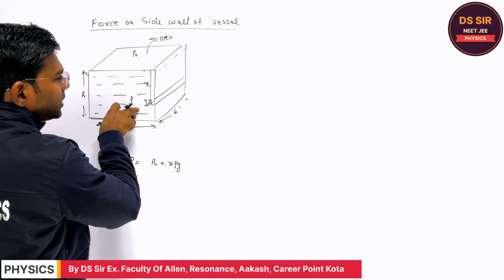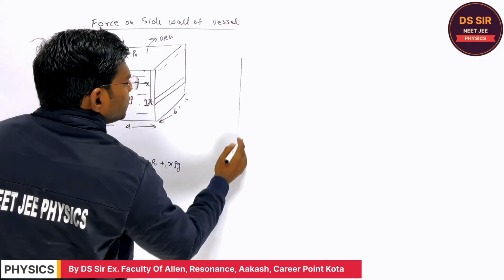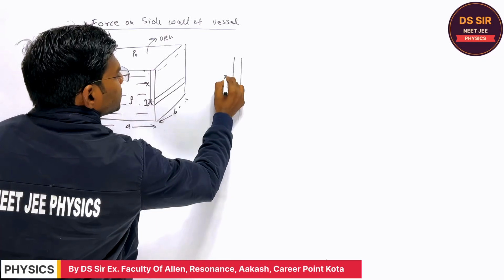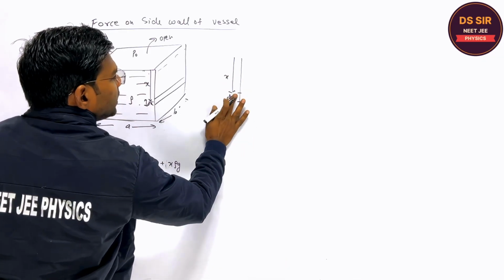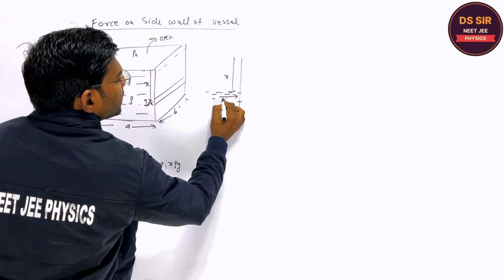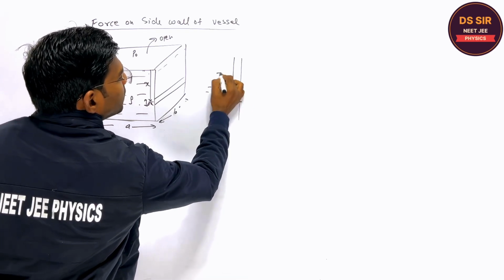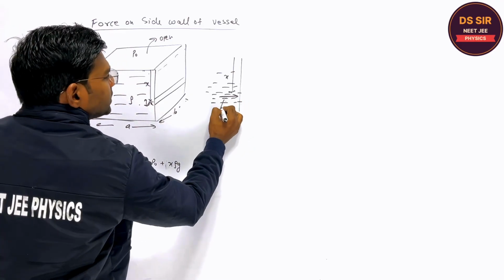So from inside, this is the 3D view. If you take the side view at distance x, if you consider the small strip of dx, this is the width dx. So from inside, the water is filled like this, and therefore the pressure is acting. What is the pressure at this point?